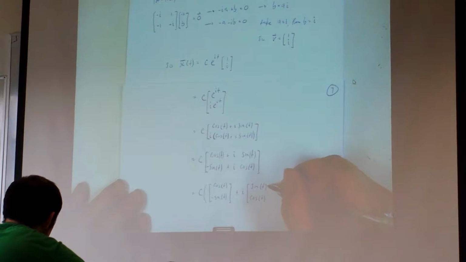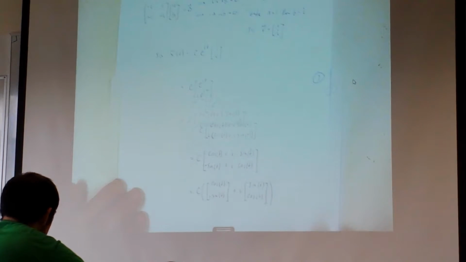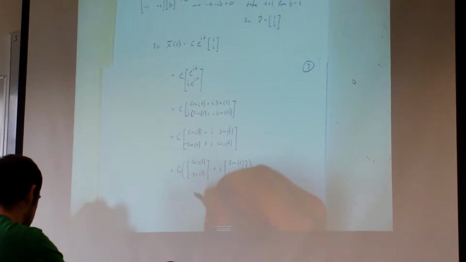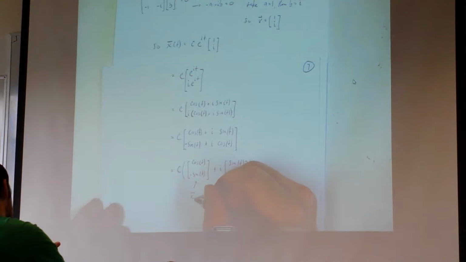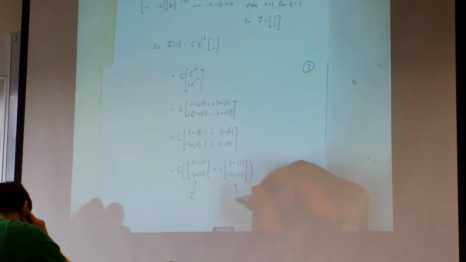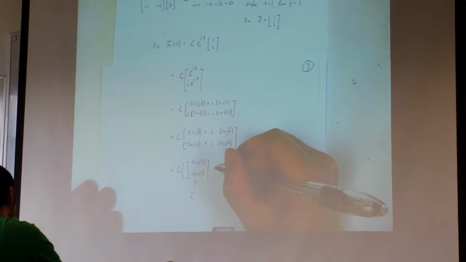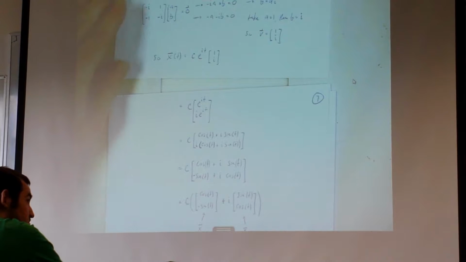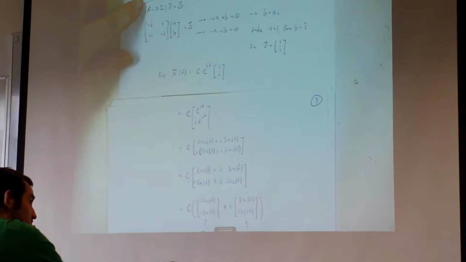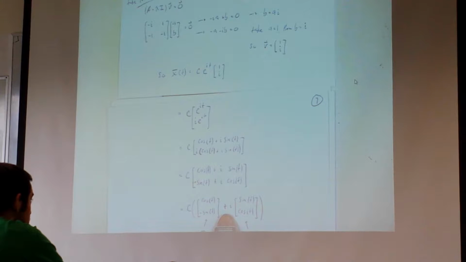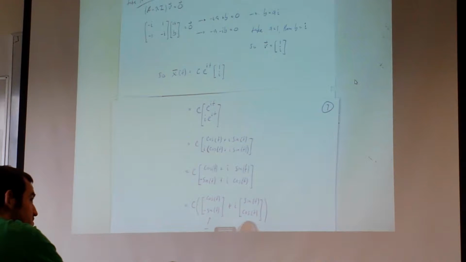Now, this will serve as my two linearly independent solutions. This one, x1, this one, x2. So I just need to extract the real and imaginary parts. The reason that works is because, had I considered the other imaginary eigenvalue, negative i, we would have gotten the same thing except with a minus here. It would have given me the complex conjugate of this vector.